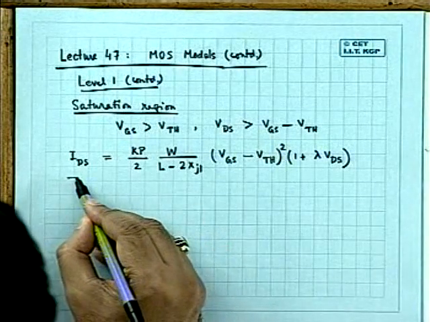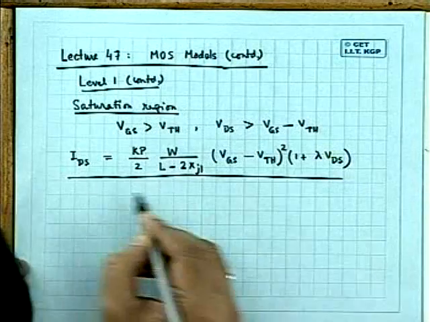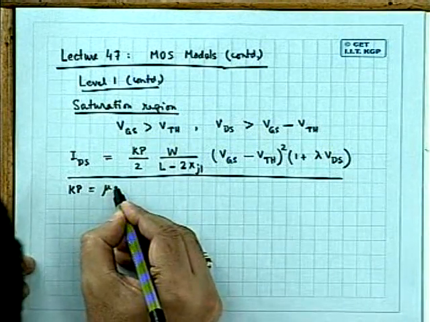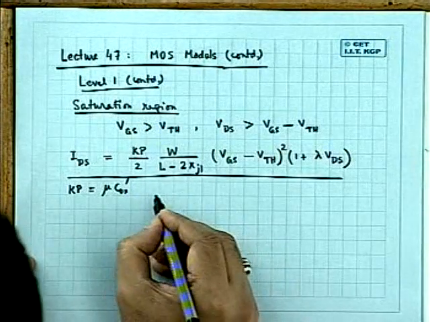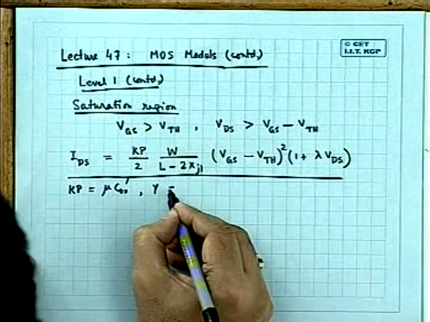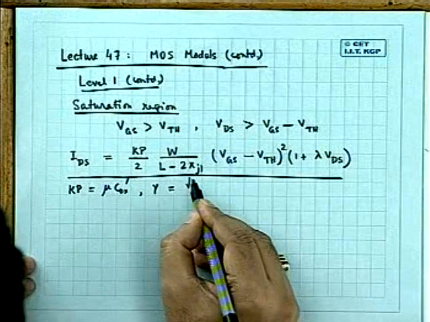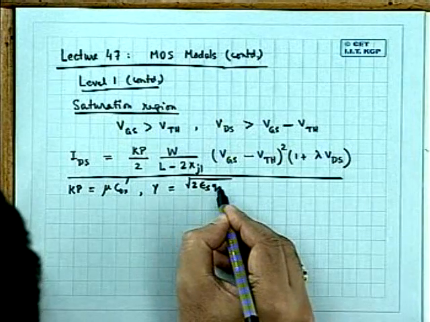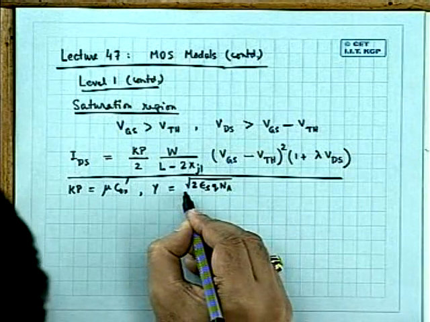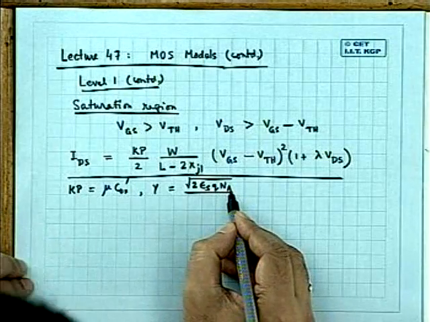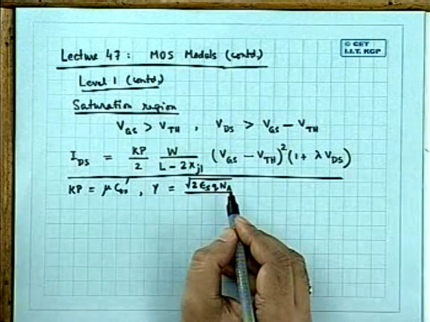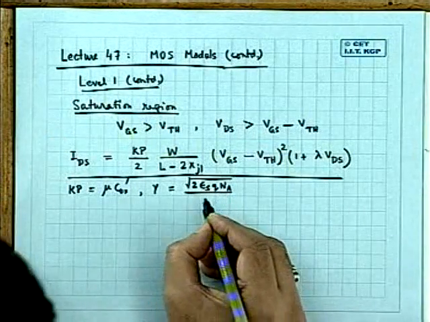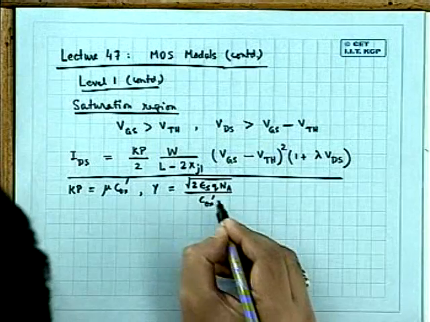If I review, then I find that we have the following parameters: Kp, which is equal to mu Cox. We have a parameter gamma, which is the body effect parameter, which is square root of twice epsilon s q Na over Cox. You'll find that in SPICE it is written Nb for the body, because Nb is Na for NMOS and Nd for PMOS. Please remember this, which I forgot to tell you.